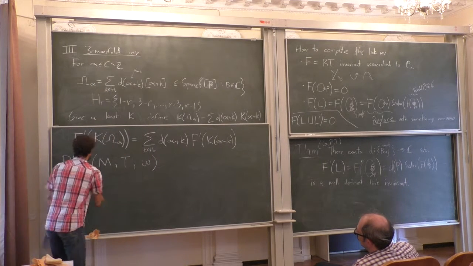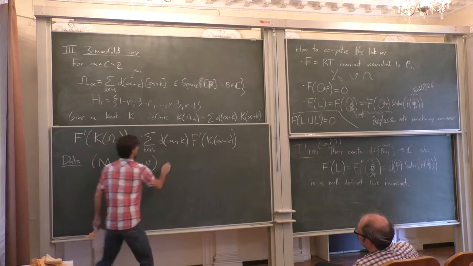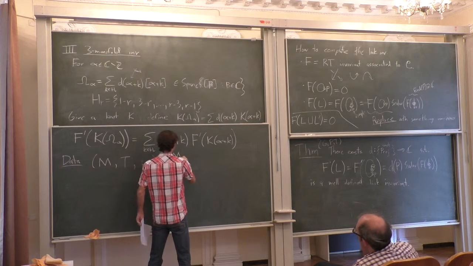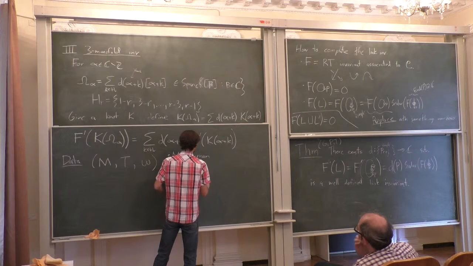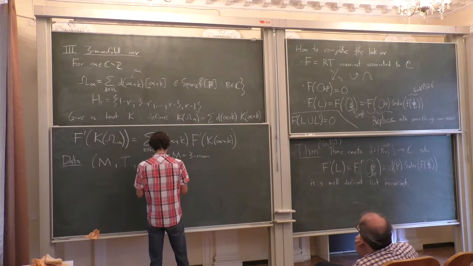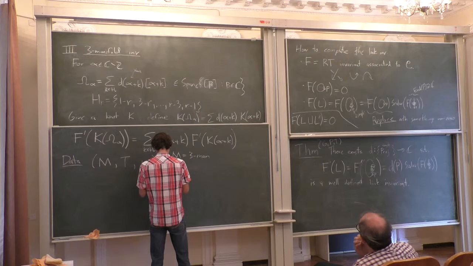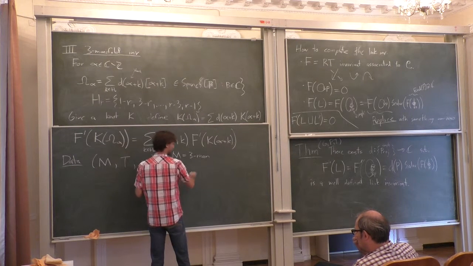Let me write this down. So I have a compact, connected, oriented three manifold, with lots of nice properties.